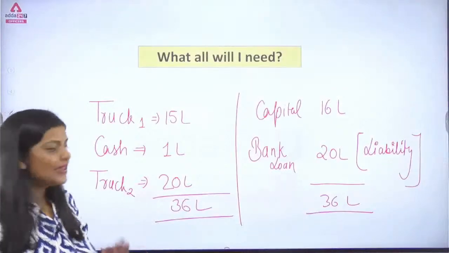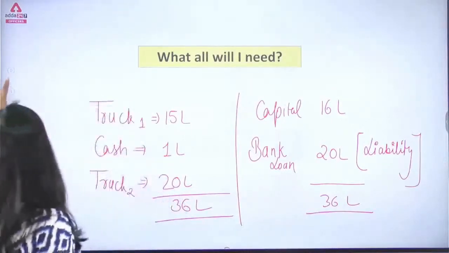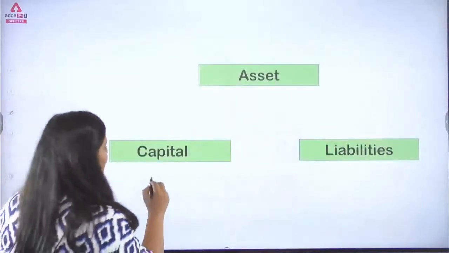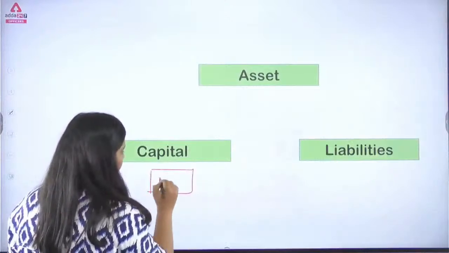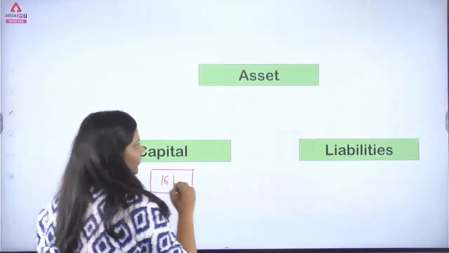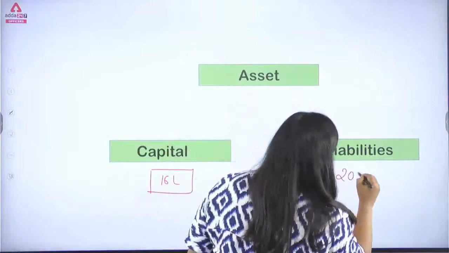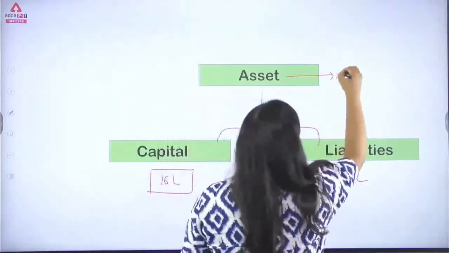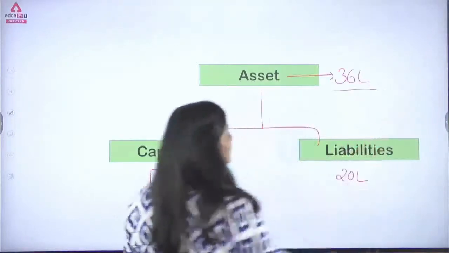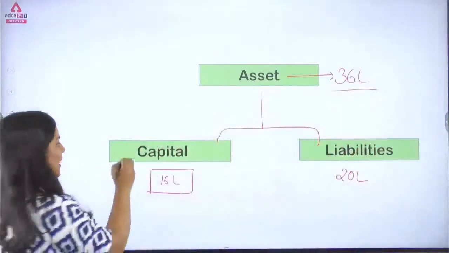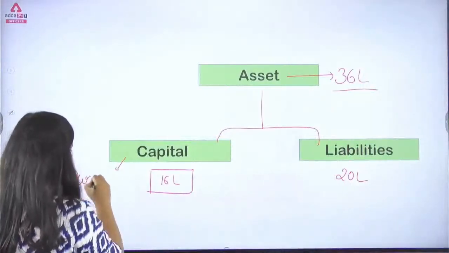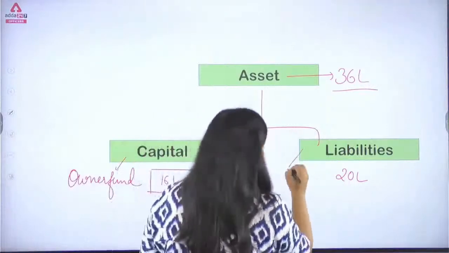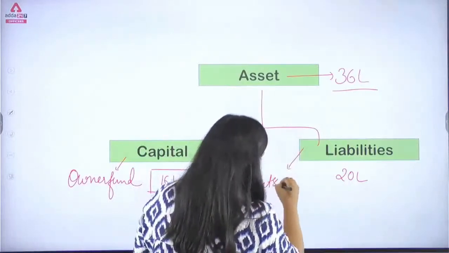You're getting my point? Now think about it. Capital is how much? 16 lakh. Liability is how much? 20 lakh. And altogether, asset is how much? 36 lakh. What is capital? Owner's fund. What is liability? Outsider's fund.